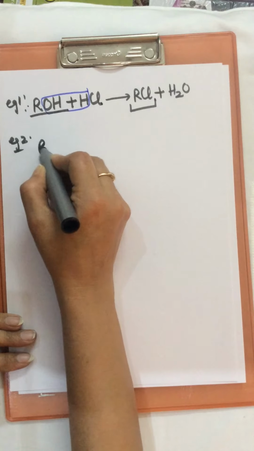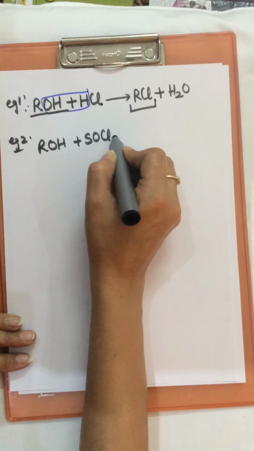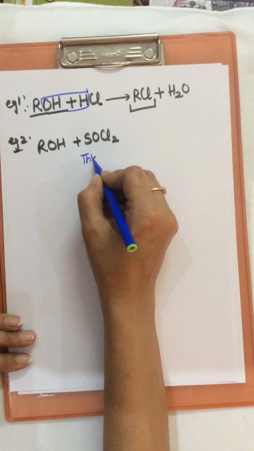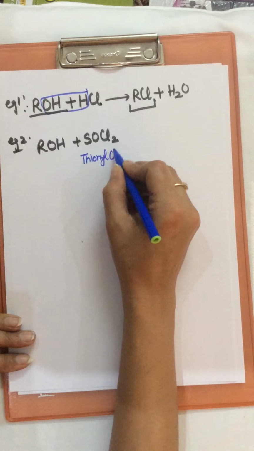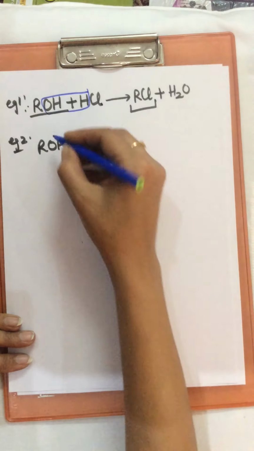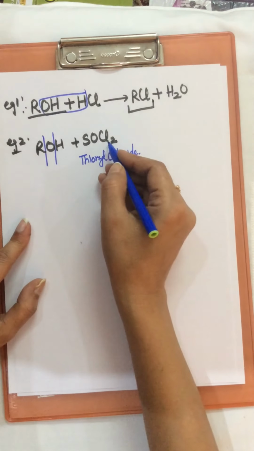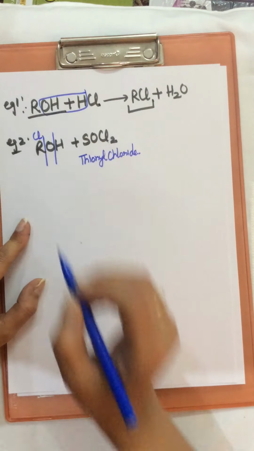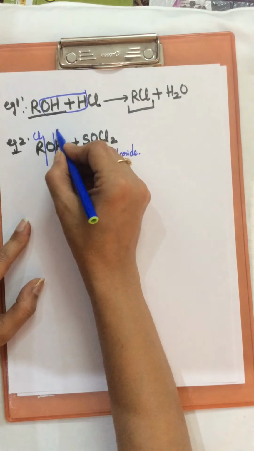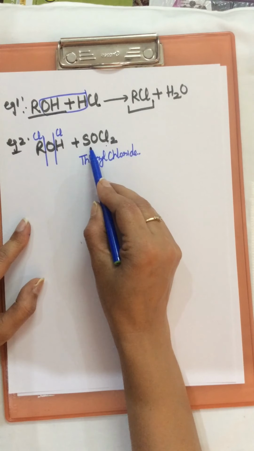Second example, if we react alcohol with SOCl2, which is called thionyl chloride. Now see the products how we get. 1 Cl of thionyl I'm writing here. Another Cl left here I'm writing here. So after taking out the 2 Cl from this, what is left is SO.